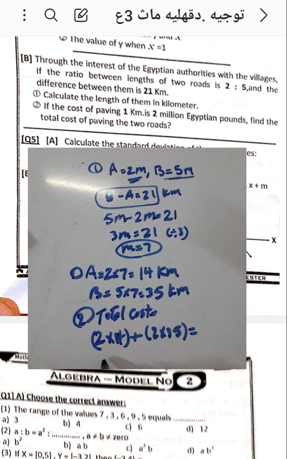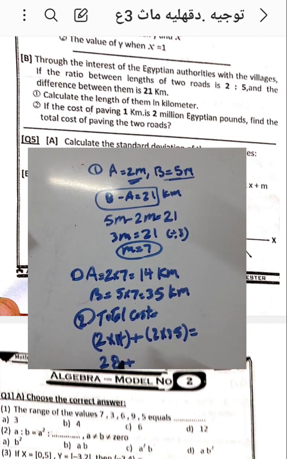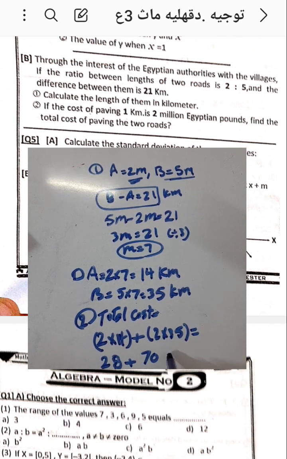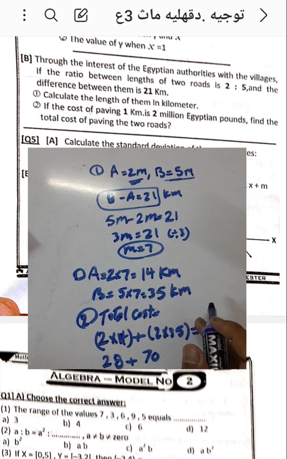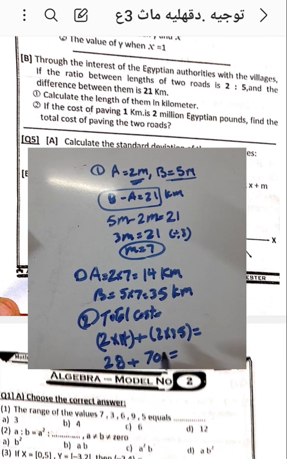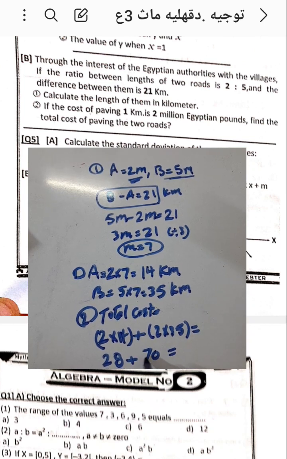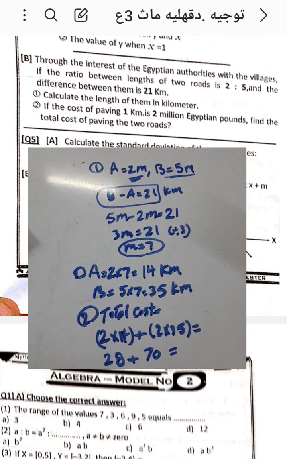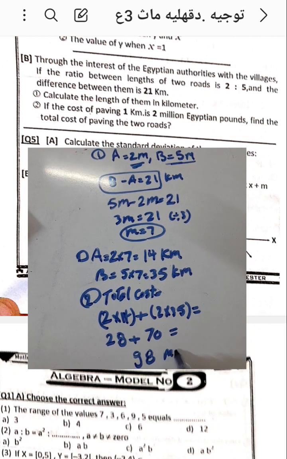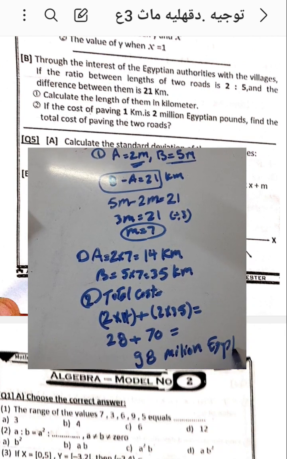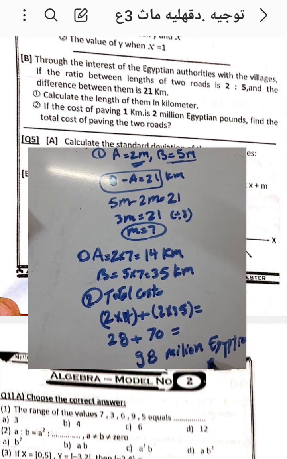2 times 14 will be 28 million Egyptian pounds. And the second route, 2 times 35, will be 70 million Egyptian pounds. Adding them, the result will be, write 8, 7 plus 2 equals 9. The result will be 98 million Egyptian pounds.